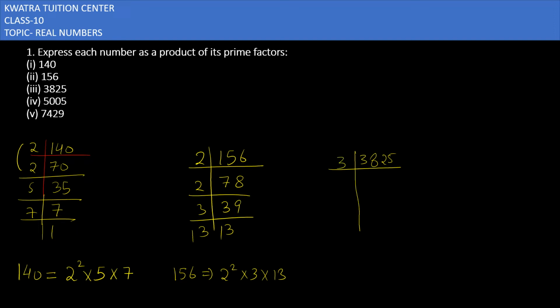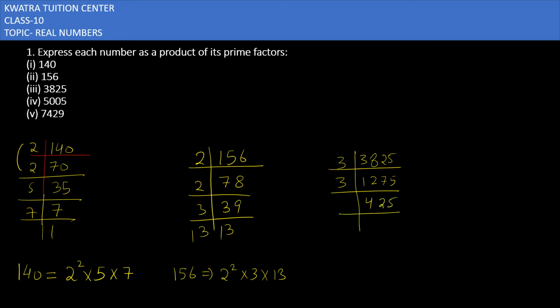So you will get 1275. Again it will be divisible with 3. Let me divide it with 3 again. So you will get 425. Then you have 425. Now you can divide it with 5.